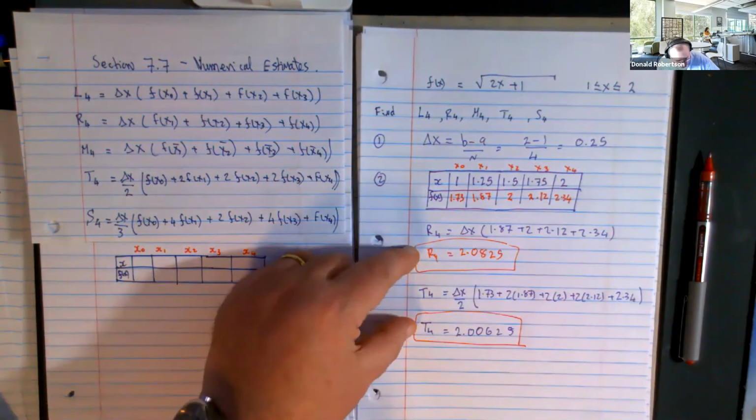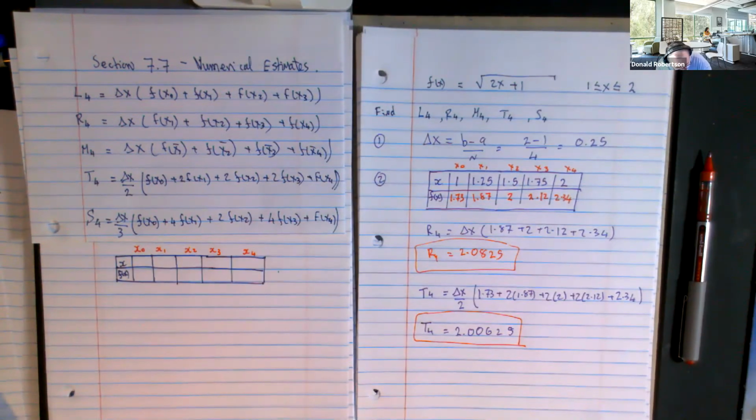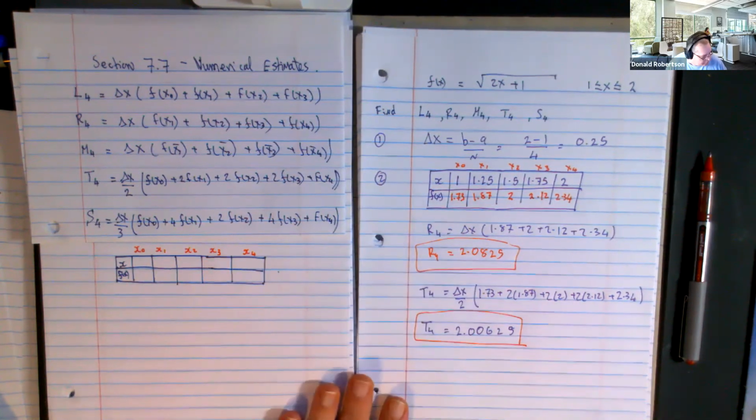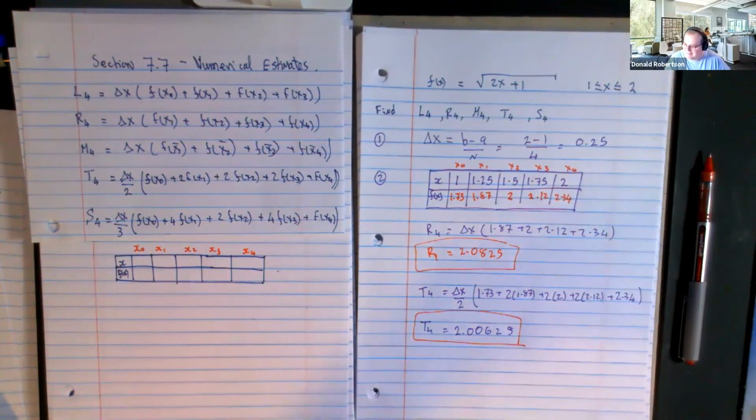But in both cases, doesn't it look like the answer's probably pretty close to 2? Somewhere in 2, 2.1 would be my gut feeling, right? So we do have a good ballpark figure. We know it's 2 or 2 and a bit. So far, so good. It's not hard to do. It's just boring, right? It's just tedious. You just follow the instructions and you've got it.